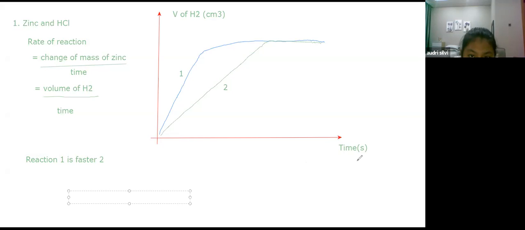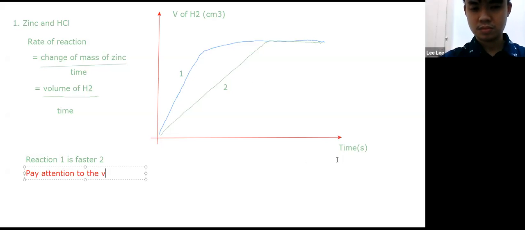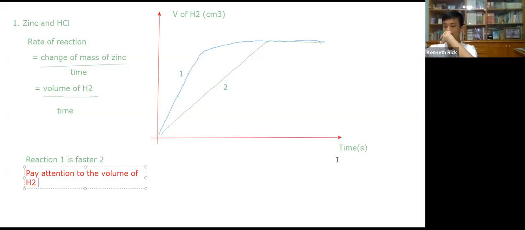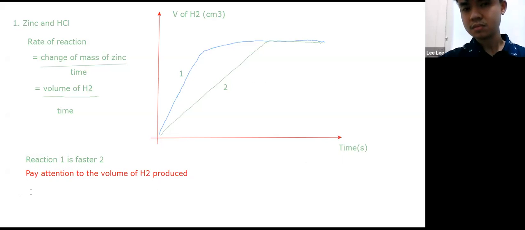Okay, but I want you to pay attention at the end product. They have the same hydrogen gas produced. The hydrogen volume doesn't change, is it? So how can you make the reaction faster, but the end product doesn't change?